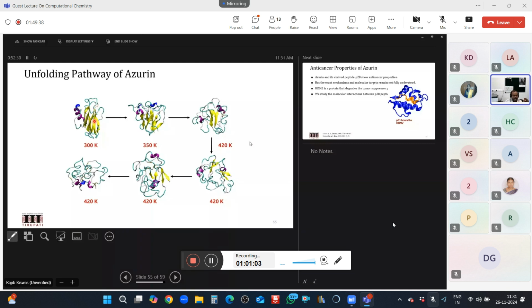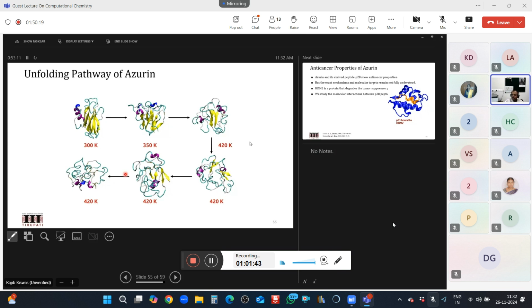This is 300 Kelvin. This is the native structure. Slowly we are increasing the temperature. You can see it is getting melted. So all these beta sheets are yellow colored, these kind of stripes, and alpha helices are this kind of purple helical pattern you can see, and all the coil-like things are extended conformations or in a coil structure, which are neither beta sheets nor alpha helices. So as we increase the temperature, we found that 420 Kelvin is the simulated melting temperature, as far as the simulation is concerned, and at 420 Kelvin the protein is actually going into the extended conformation.